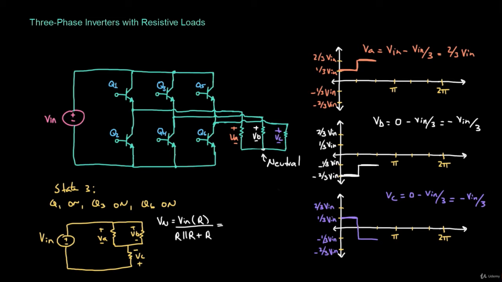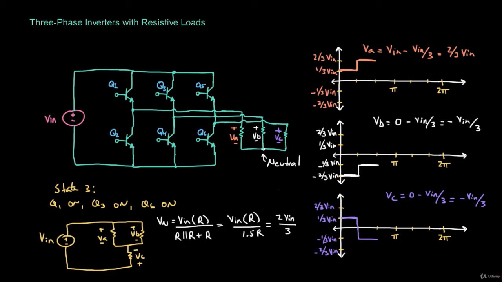So this is going to be equal to Vn times R over 1.5 times R, because again, R in parallel with R is 0.5 R, and then plus R, that's going to be 1.5 R. And by the way, I don't think I mentioned this, but this symbol right here is a symbol for a parallel combination. So when I write that down, that means we have those two resistors in parallel with each other. So this is going to be equal to 2 Vn over 3, so basically 2/3 of Vn.